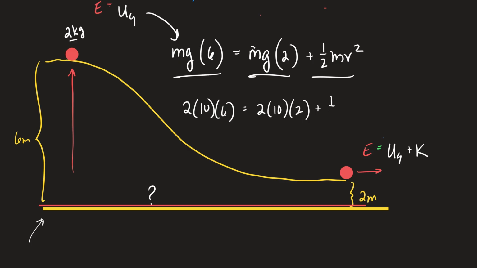And this will be 1/2 times 2 times v squared. 2 times 10 times 6 is 120. 2 times 10 times 2 is 40. 1/2 times 2 is 1. Trying to get v, right? So 120 minus 40 is what? 80. 80 equals v squared.